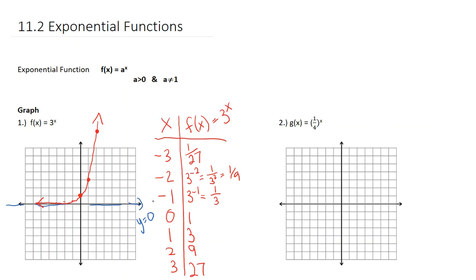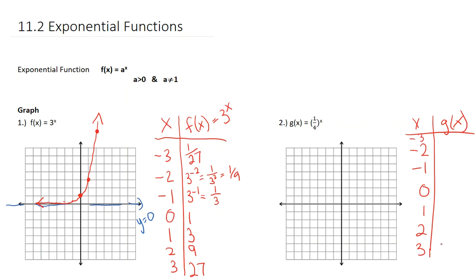I'm going to do the same thing with number 2. I'm going to make a t-chart, and I'm just going to take a few numbers. We'll go from negative 3 to 3, and I'm going to start at 3 again.